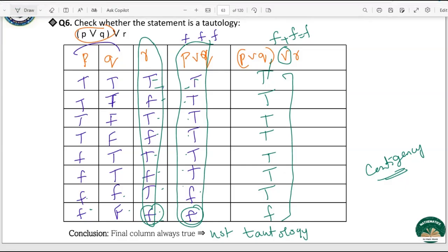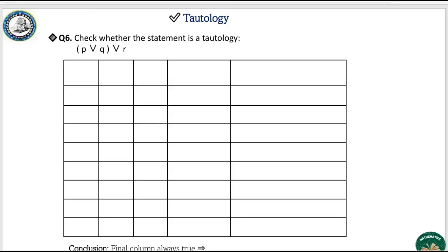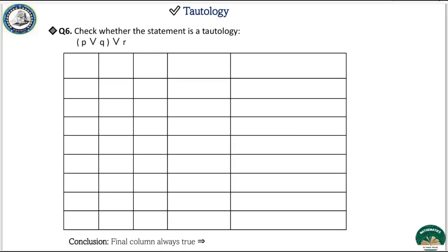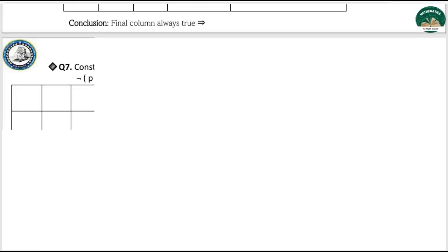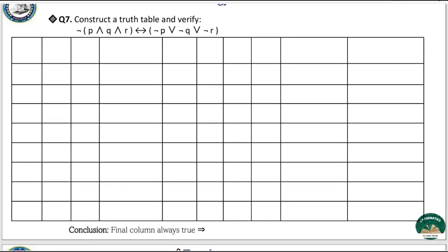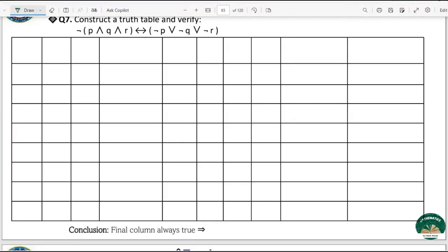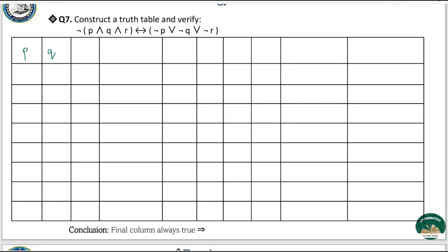Now, moving on with the next question, check whether the statement. Next one is: construct a truth table and verify. So we have to write first P, Q, R. Then it is negation of P and Q and R. I'll write this as M, and then I'll write negation M, because I should write the whole thing.